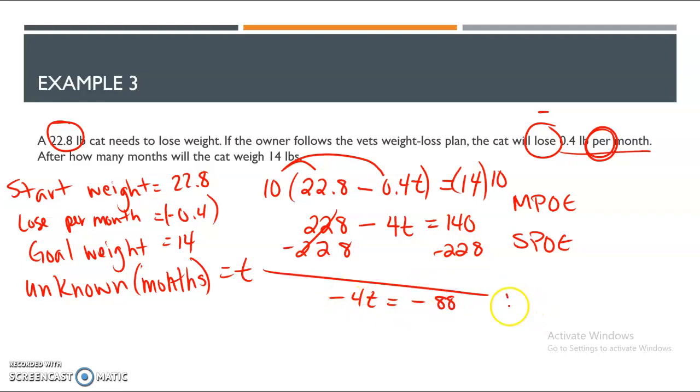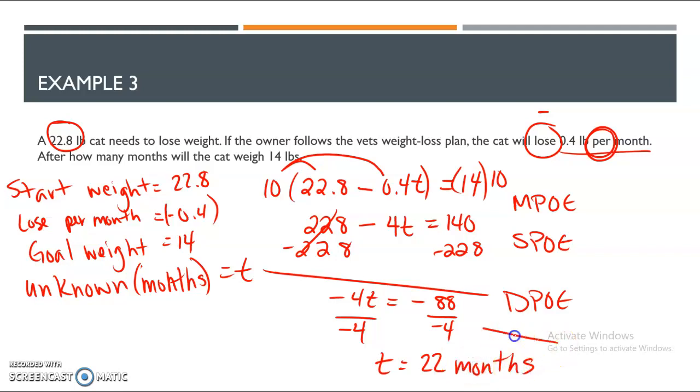And then I'm going to use my division property of equality, and I'm going to divide both sides by, I want to make it 1, so it's going to be a negative 4 that I divide both sides by. And so my time is going to be t equals 22 months.